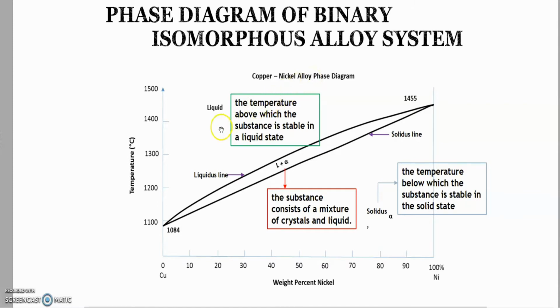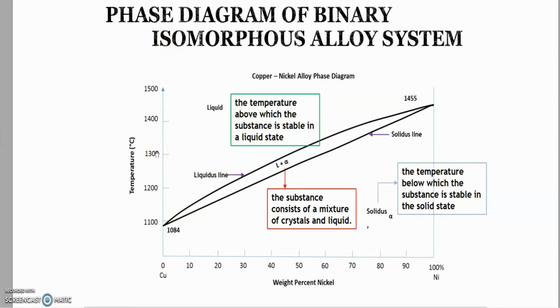Right. So as you can see, this is temperature versus weight percent nickel. Seperti yang kamu lihat pada gambar rajah ni, the temperature is plotted on y-axis.